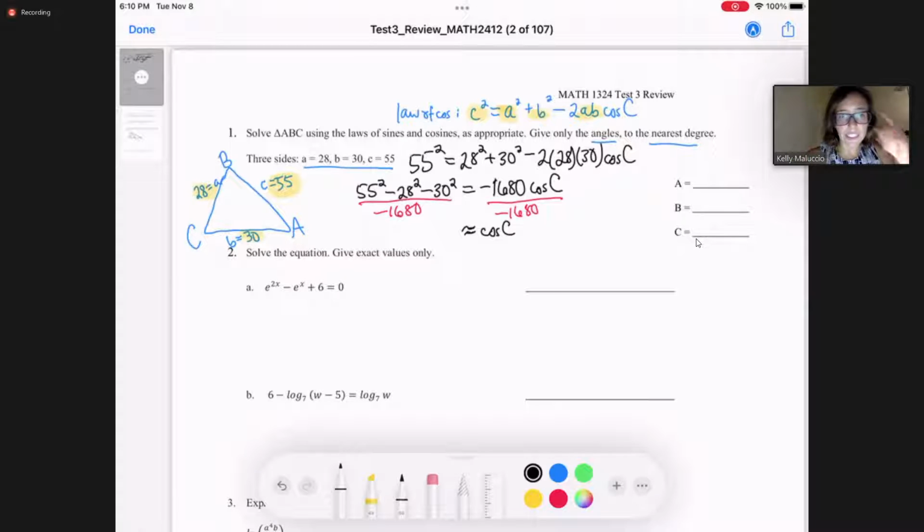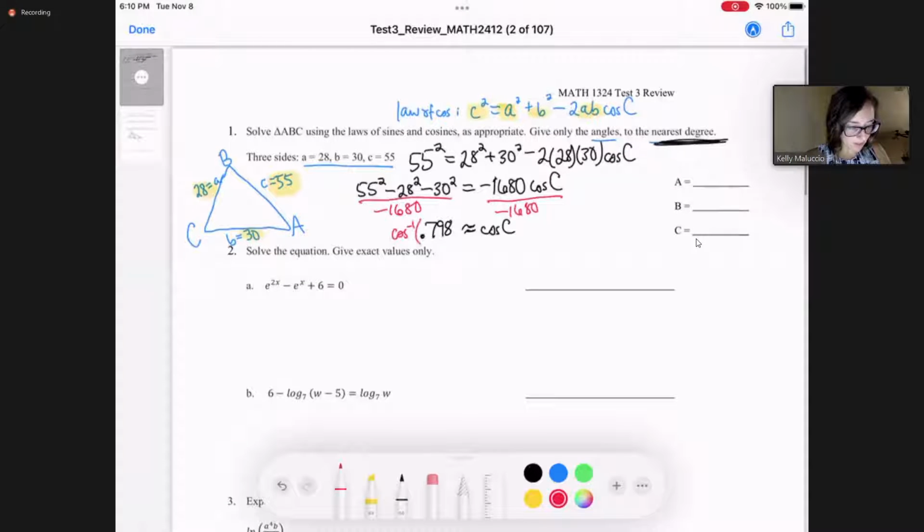I tried to keep a few decimal places, but they want you to round to the nearest degree. So at the end, we just round it. I think it was like 0.798 something. And from here, we take the inverse cosine of both sides, so it cancels over here.